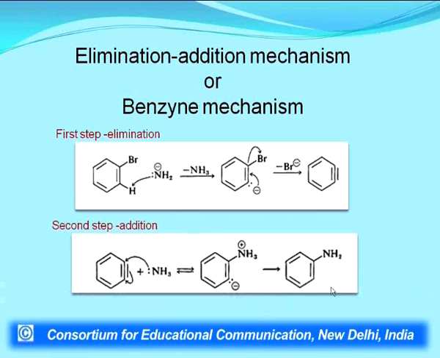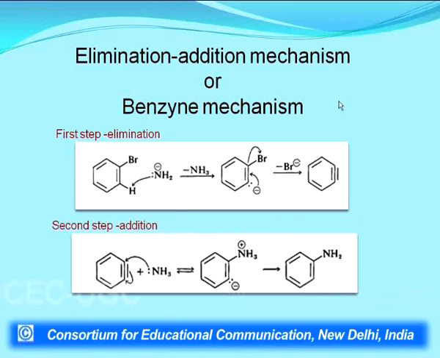Now the amino group has come on the ring, so this bromine is substituted by the amino group. I will repeat that this reaction, which we call the benzyne mechanism, involves two steps. The first step is elimination, forming a benzyne intermediate, and the second step is the addition of the reagent, and we get the product.